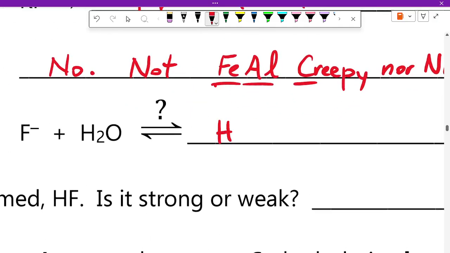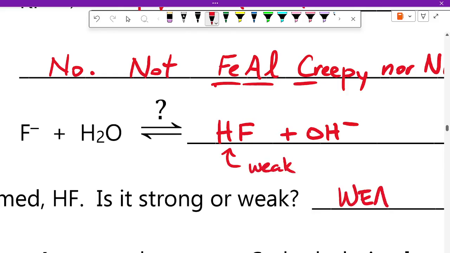We would end up with HF. And who else would we get? OH minus. What type of acid is HF? It is weak. Ooh, look, I even put a blank for it, weak. So is this going to happen? Yes.